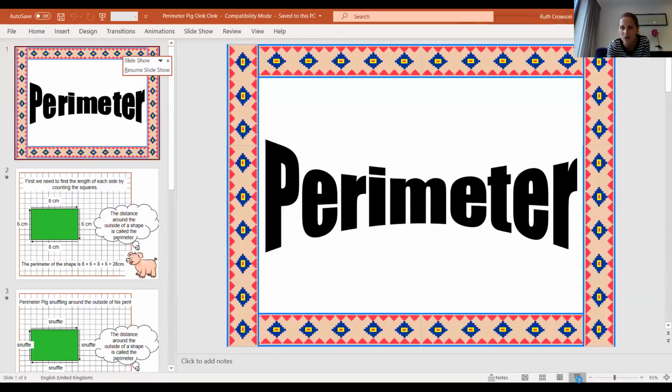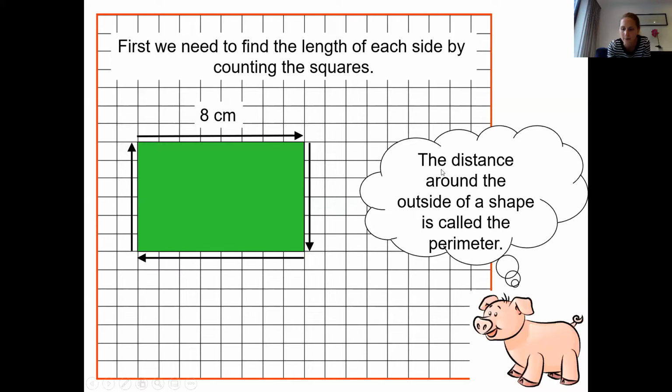So today, I've got a PowerPoint on Shobi for you to have a look at. I'll just share a little bit of it now so you can see it. On Shobi you'll find this PowerPoint, and as you'll see, it simply says that perimeter is the distance around the outside of a shape.